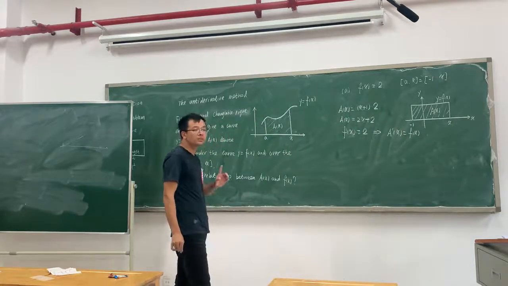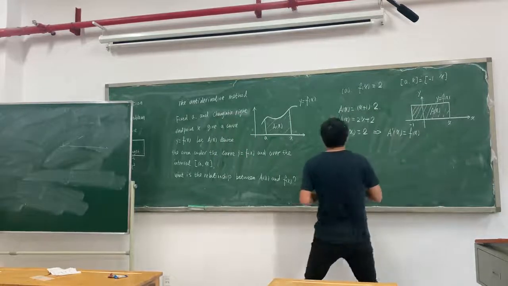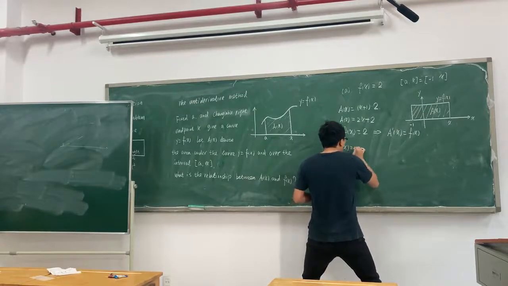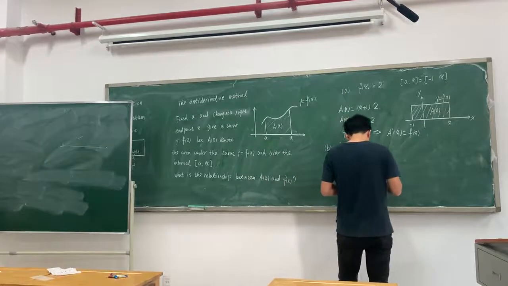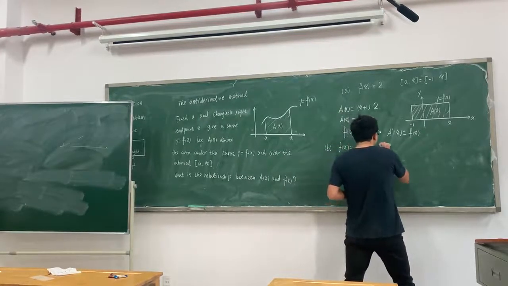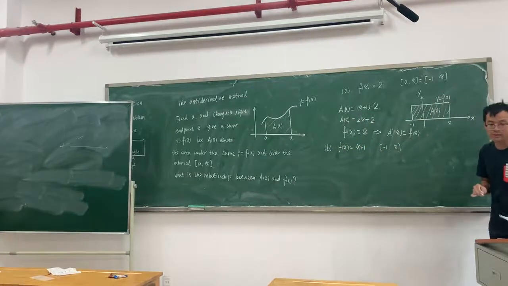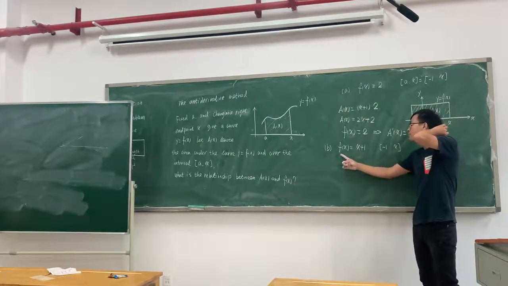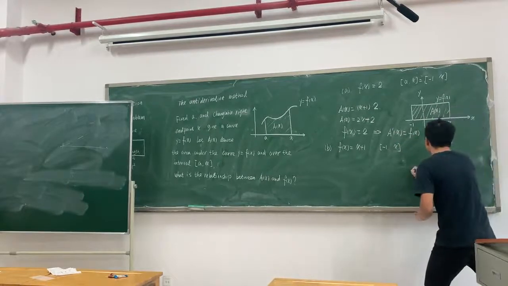So this is the first example. Now we give the second example. The second example is f(x) equal to x plus 1, and the closed interval is minus 1 to x. We can plot the graph on this interval.